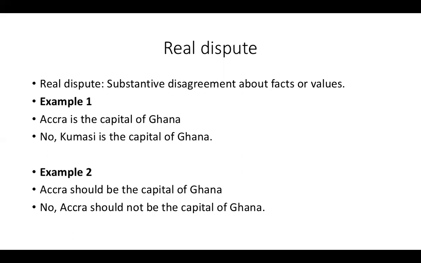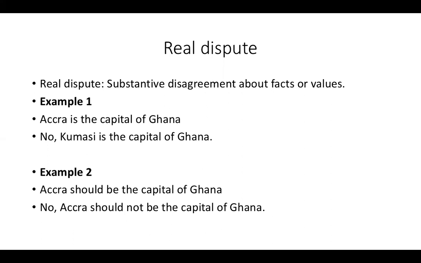Then the second one is a value disagreement. Now, imagine we are drawing the plan for a new country, and we are trying to decide which town should be the capital. Someone says the town at the center of the country should be the capital.